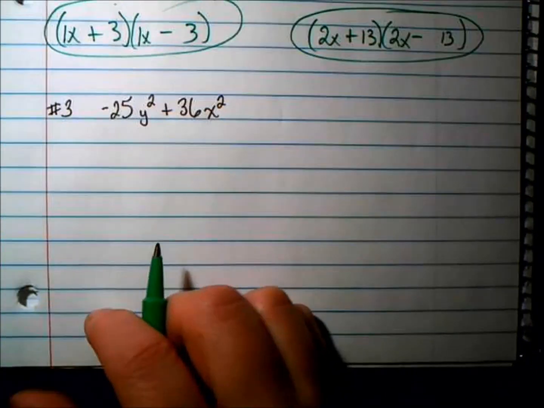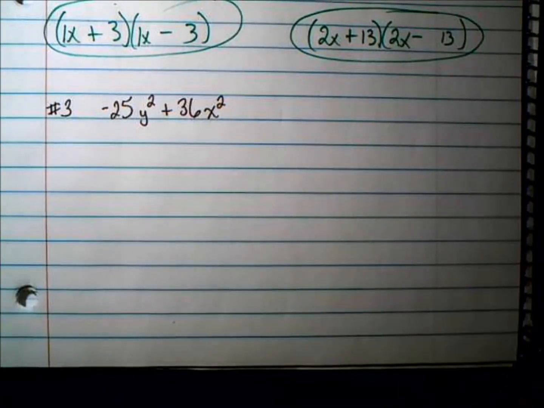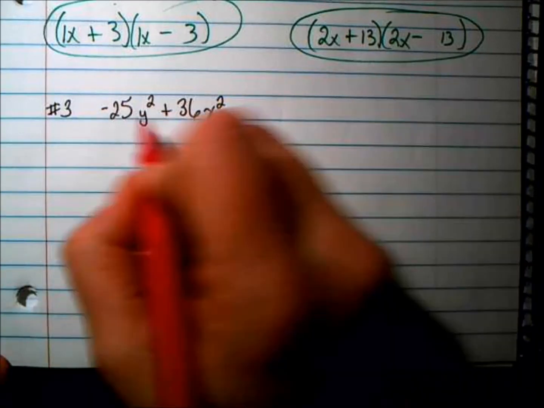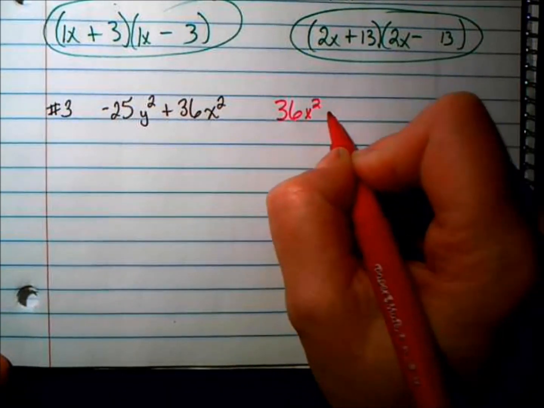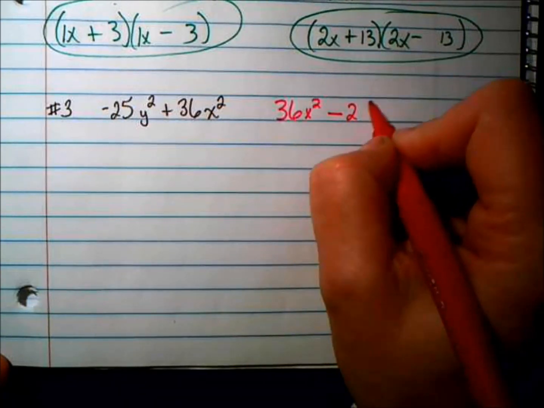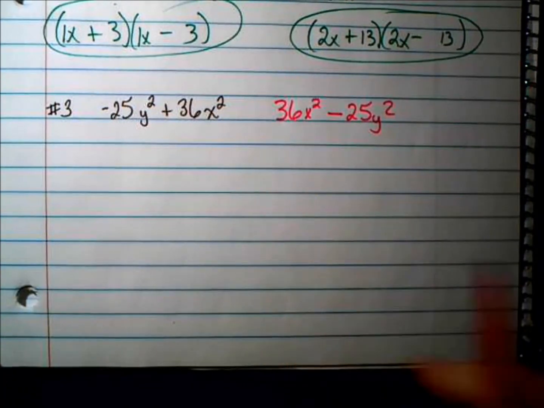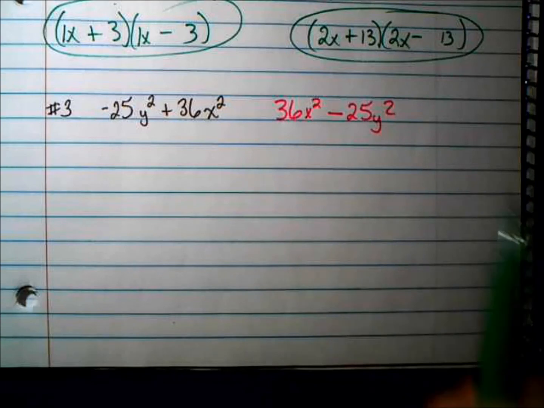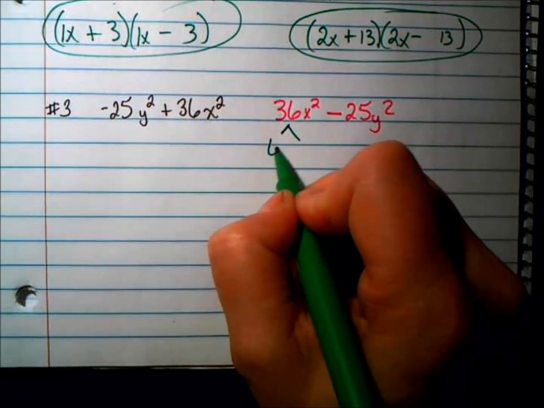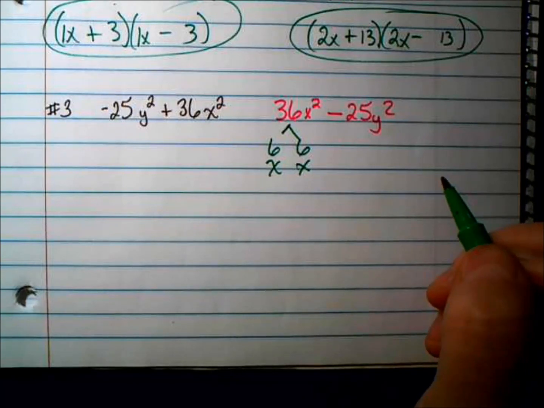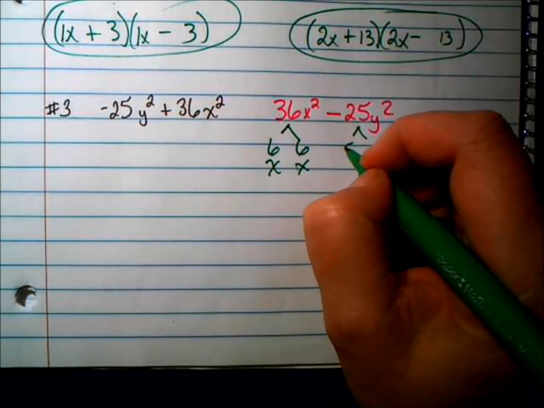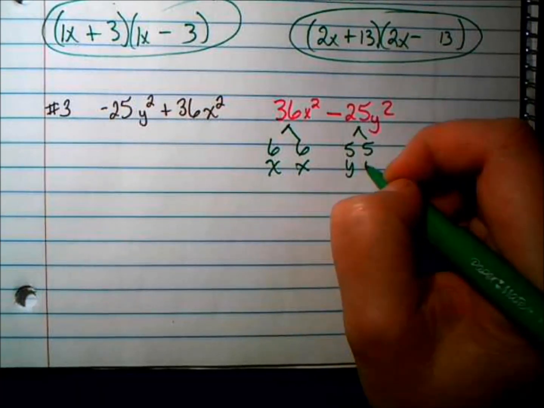On number 3, this has a leading coefficient of a negative, so I'm going to flip this around so I have 36x squared minus 25y squared, so I had the subtraction in the middle. And now 36 splits into a pair of 6's with an x each, and 25 splits into a pair of 5's with a y each.